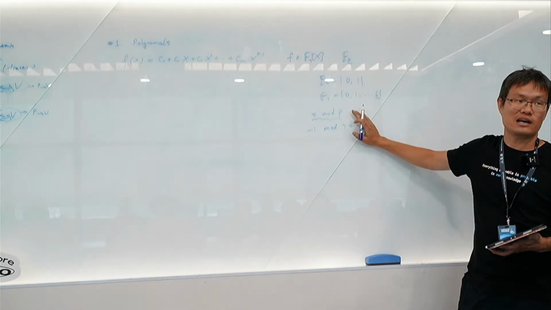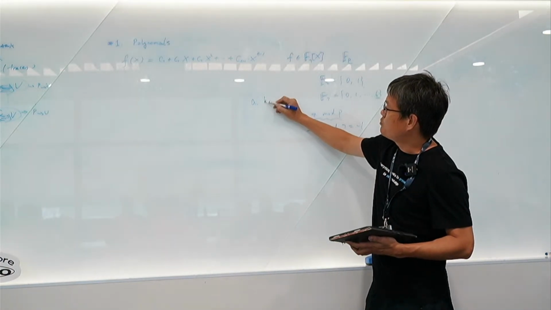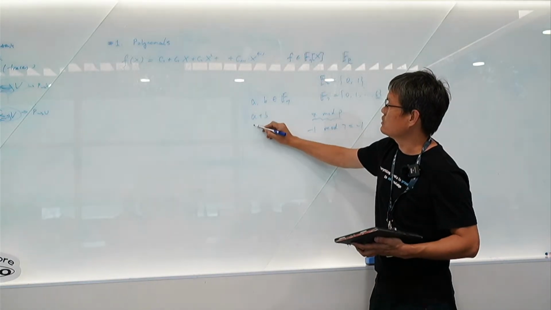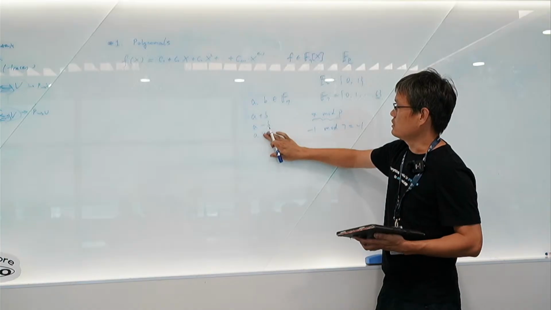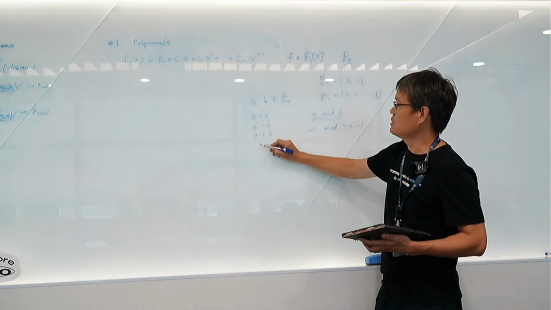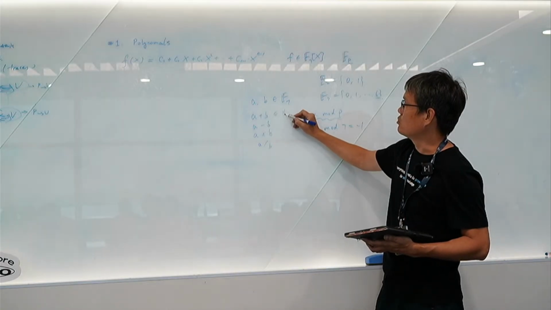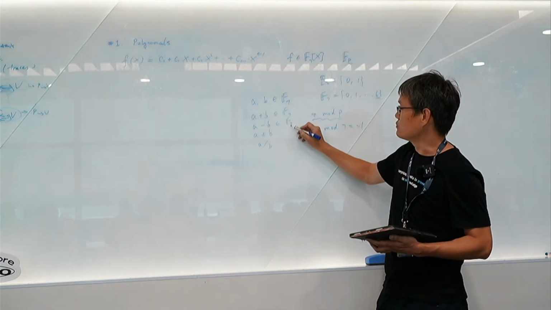So what property do we get from the finite field? For every a, b from the finite field F7, a plus b, a minus b, a times b, and a divided by b will also belong to F7.